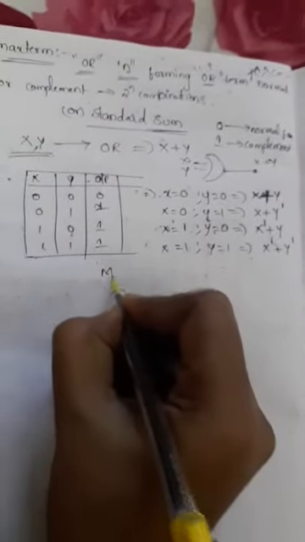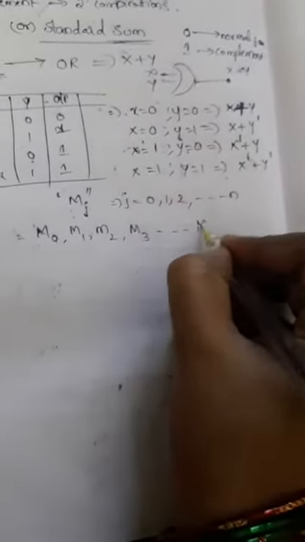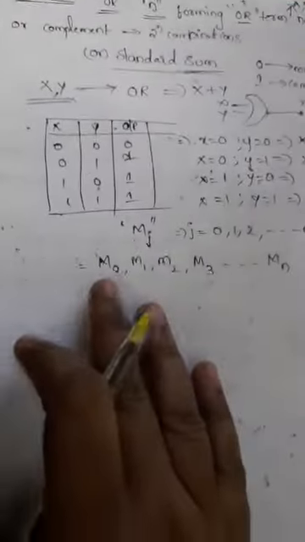Now we'll see the designation of max term. The symbol for each max term is designated by capital M suffix j, where j equals 0, 1, 2, 3 and so on up to n variables, that is M0, M1, M2, M3 up to Mn.